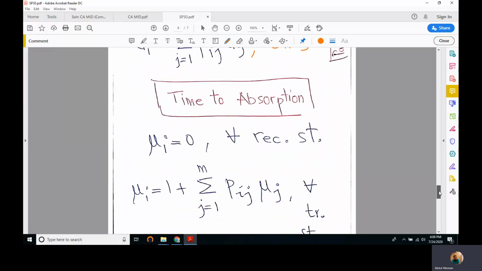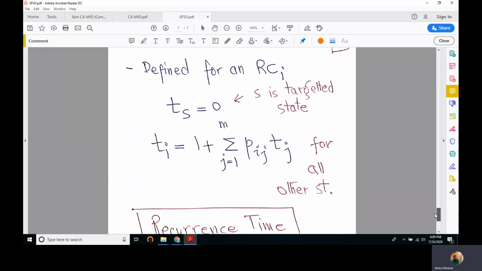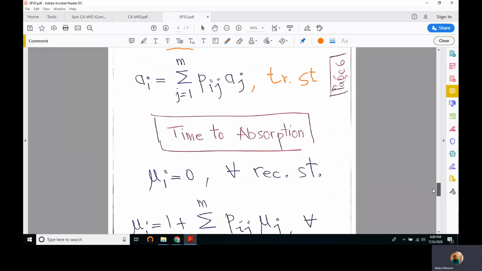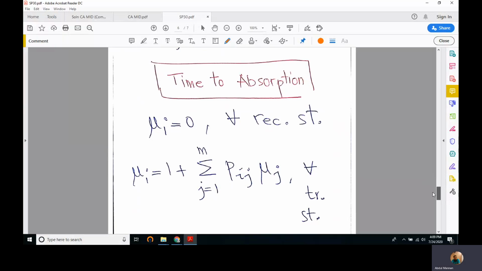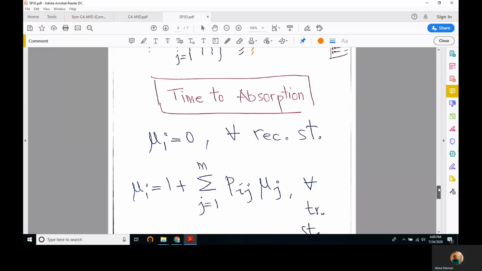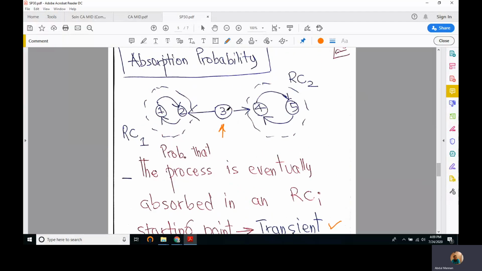Right. So the next items that we studied are time to absorption and some time-related quantities. For the time to absorption, for all recurrent states, we set mu i equal to 0. Time to absorption means how much time it will take to be finally absorbed in a recurrent class.